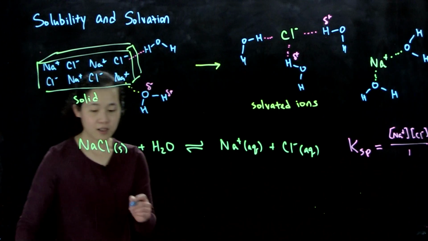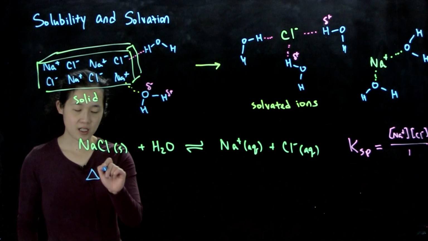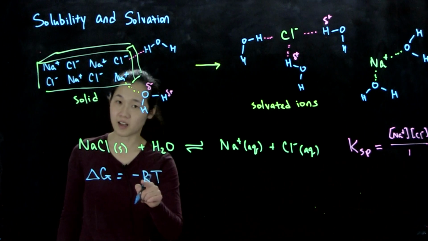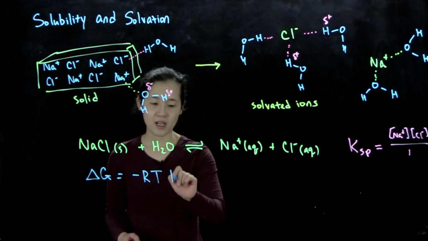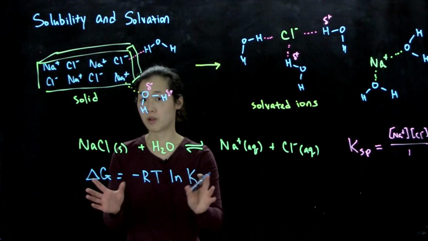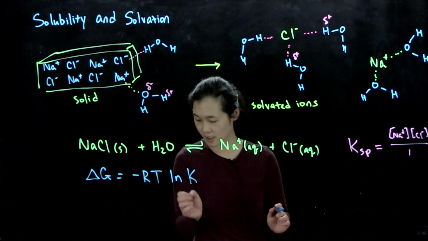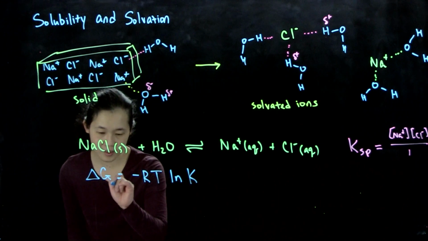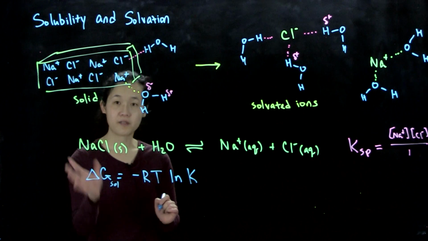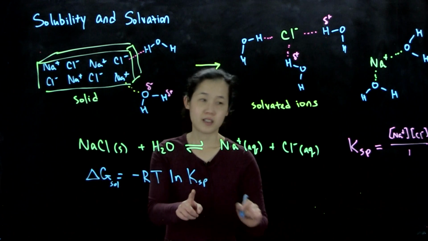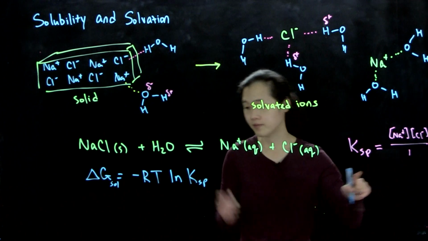The free energy of a reaction, delta G, equals negative RT, the gas constant times the temperature, times the natural log of K of an equilibrium reaction. So the free energy of solubility, of something dissolving, is related to that equilibrium constant of dissolving.